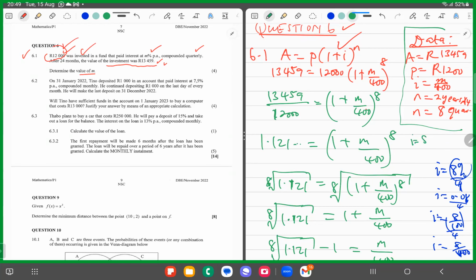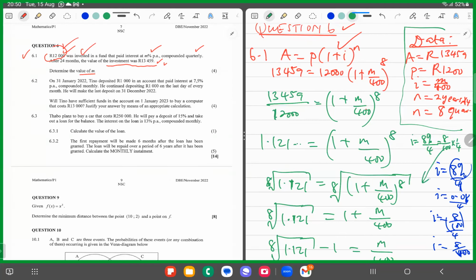Alternatively, you say, okay, it is 8% and then you divide by 4, which means that it is actually 8 divided by 100. And then because you divide by 4, you multiply by 1/4. Divide by 4 is the same thing.